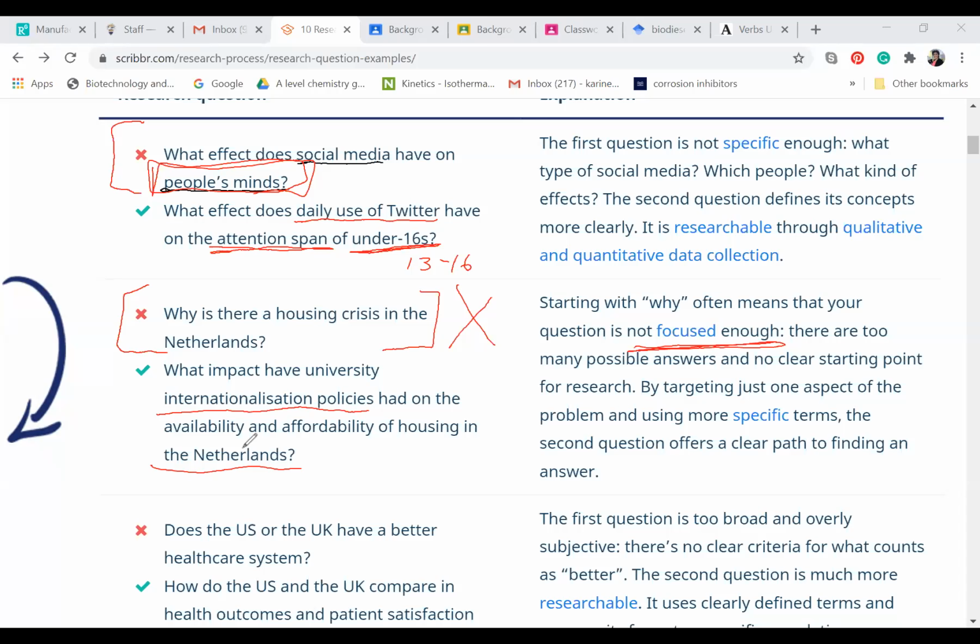I think Netherlands is a problem. It's too wide. Netherlands is a big country, so this person is going to go everywhere in Netherlands and look at these university internationalization processes and the housing.